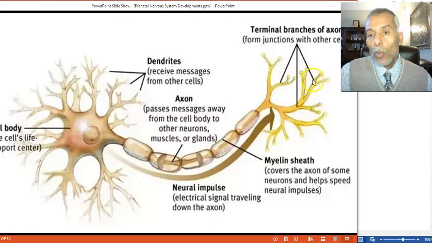Once it reaches the synaptic terminals here at the end, these synaptic terminals are synapsing with dendrites of other neurons. Sometimes they also synapse with the body of other neurons or even with axons of other neurons. But the idea is these synaptic terminals pass on copies of that signal to all the neurons that are connected to it on the other end.